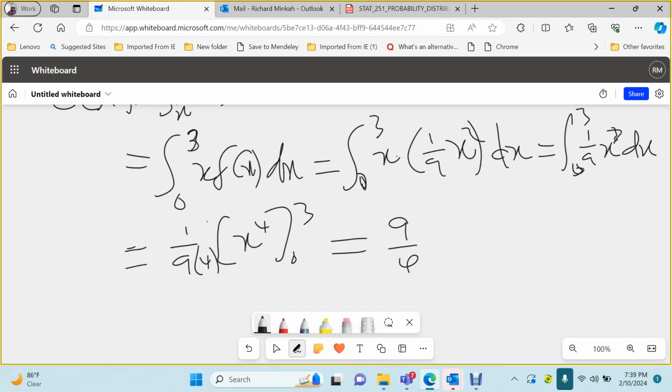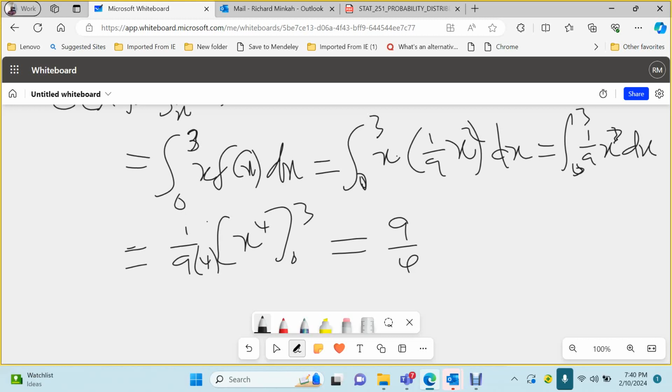Now, from the definition, if A is a constant, what do you think will be the expectation of A? That constant. 0. Why?